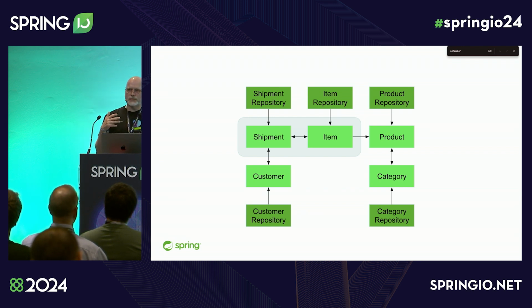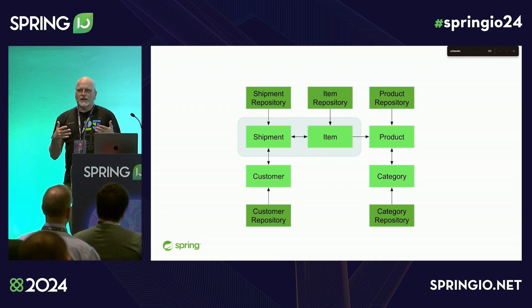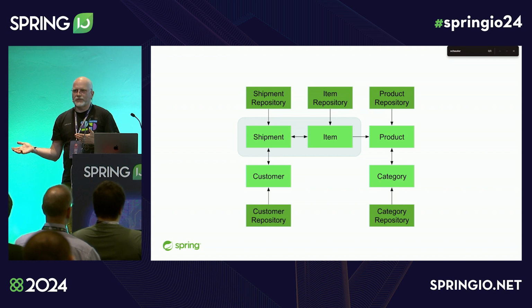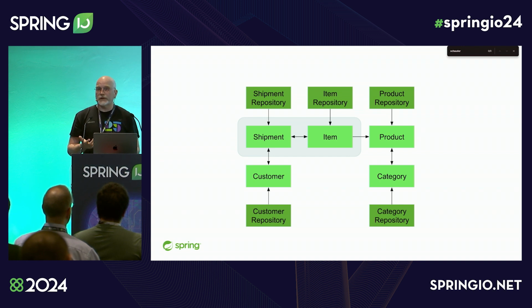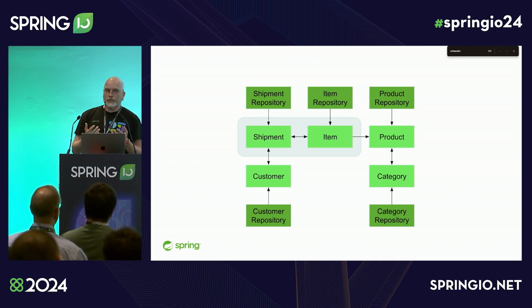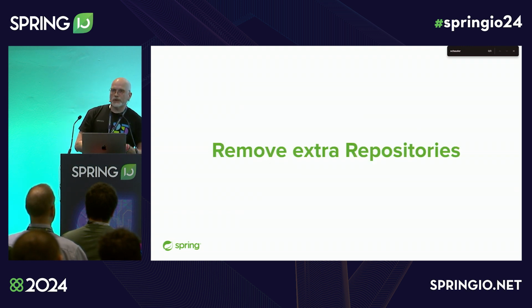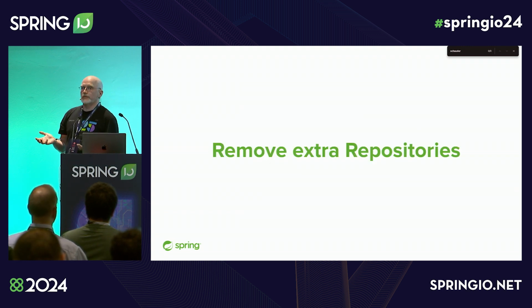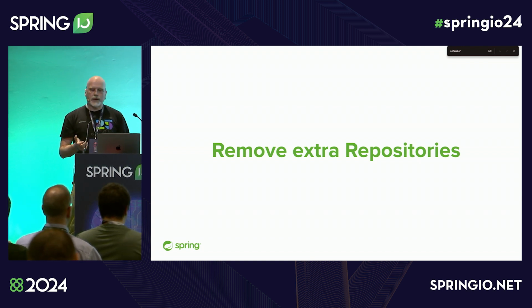But the relationship between shipment and the items inside the shipment, a shipment without any items is kind of useless, and items that don't belong to a shipment, what is even the meaning of that? So these are probably one aggregate, and that's something I have to first realize for the next step, which is to remove all the extra repositories that you most likely have in your code base if you never thought about aggregates.